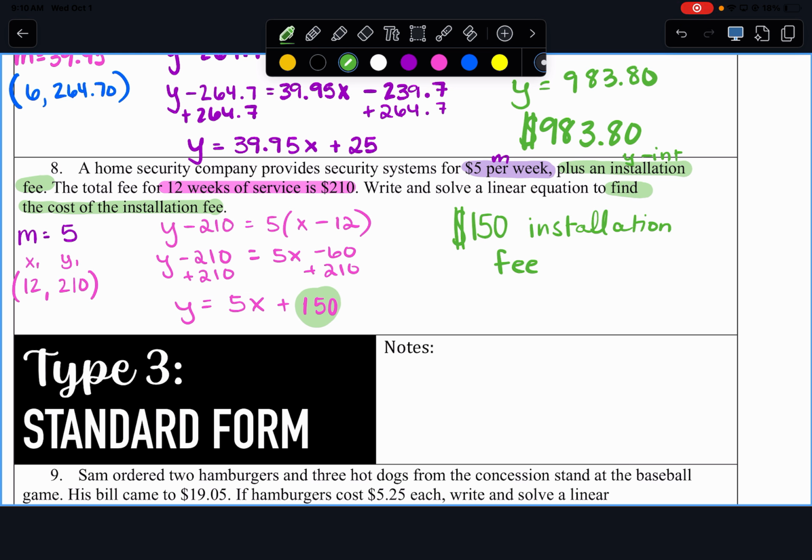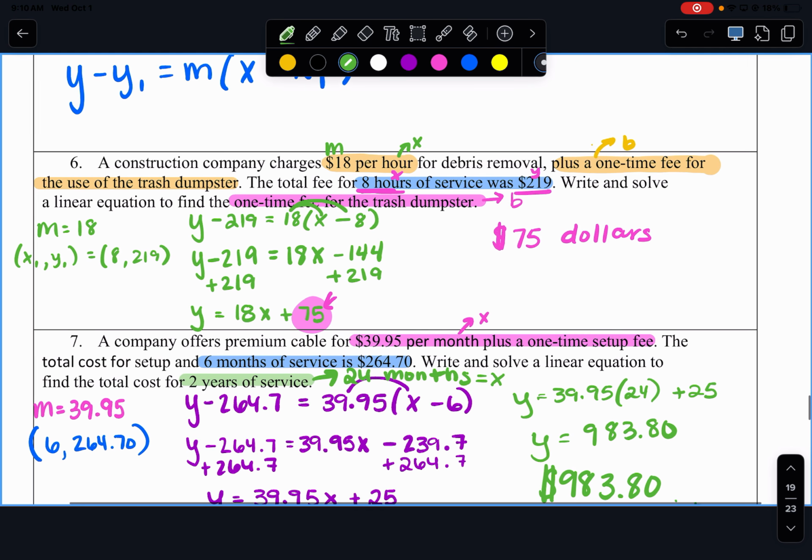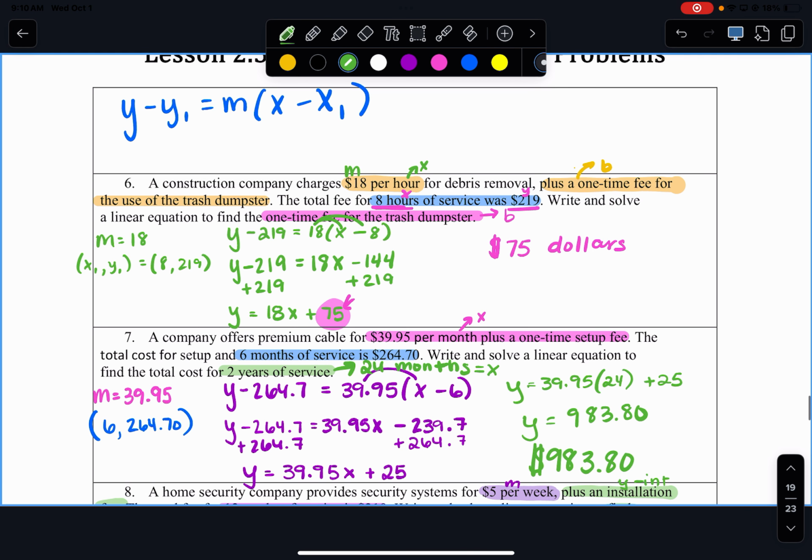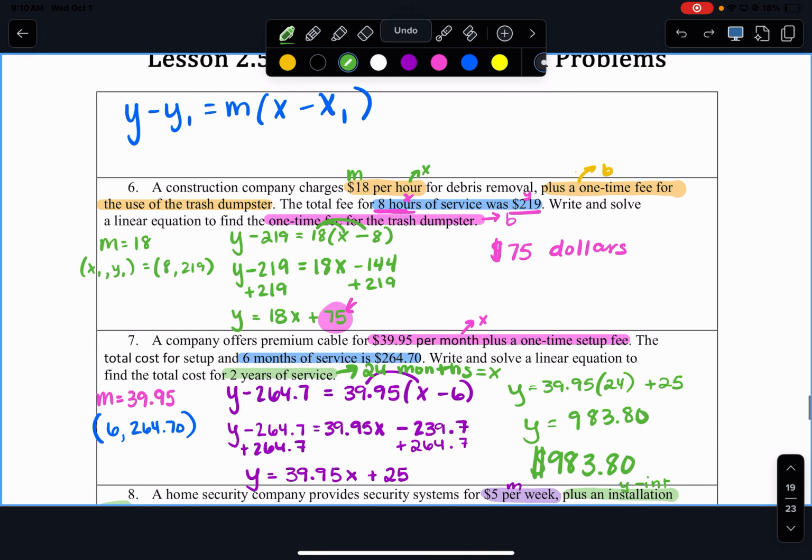It's plus 24. Why is there 24? Because 2 years is 24 months. Yeah.